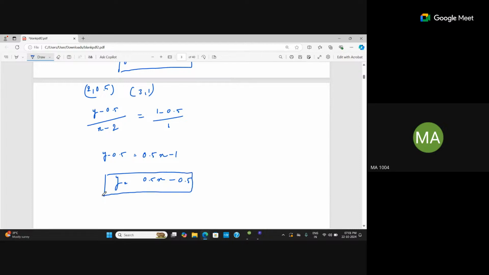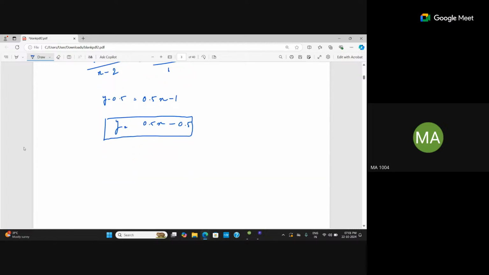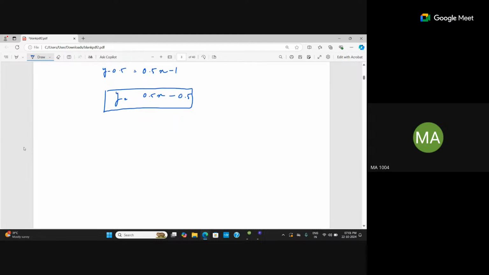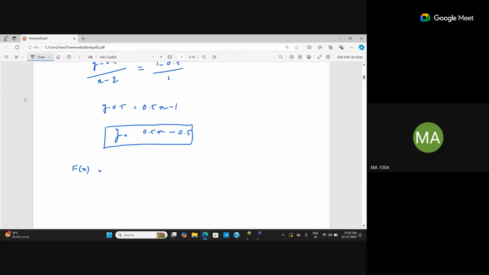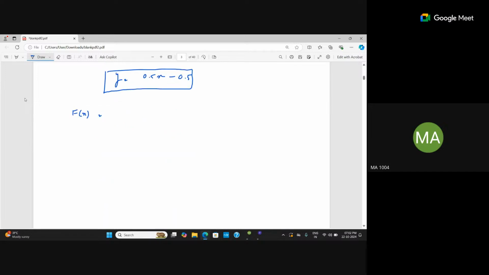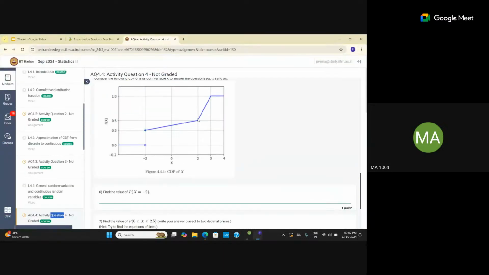So this will be the equation, right? Is it clear? Yes, ma'am. Okay, so we can write the CDF. It is 0.05x plus 0.4 when x is lying between -2 to 2.